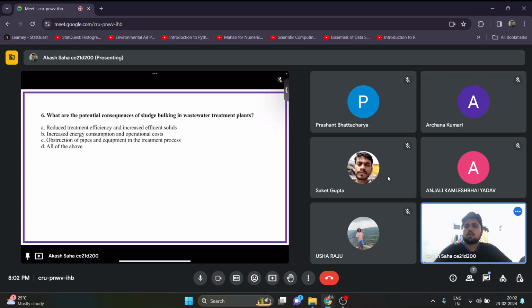Next question. What are the potential consequences of sludge bulking in a wastewater treatment plant? Reduced treatment efficiency and increased effluent solids, increased energy consumption and operational cost, obstruction of pipes and equipment in the treatment process, all of the above.